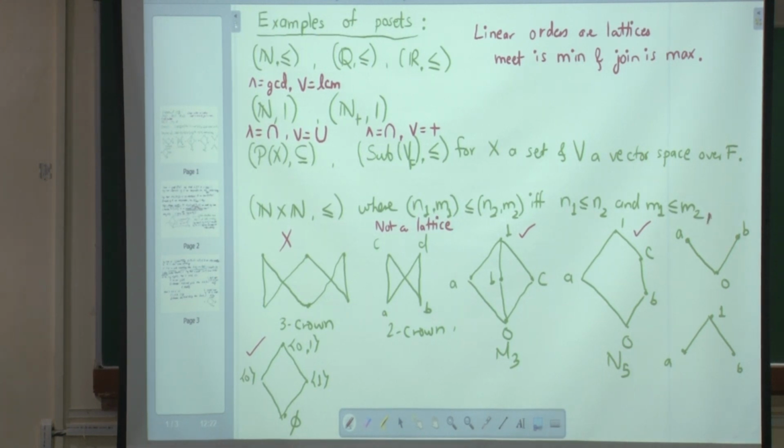Okay, so this one has meets. It doesn't have join of A and B. Right? A and B do not have any common upper bound, so you cannot find the least one. And this is a join semilattice.